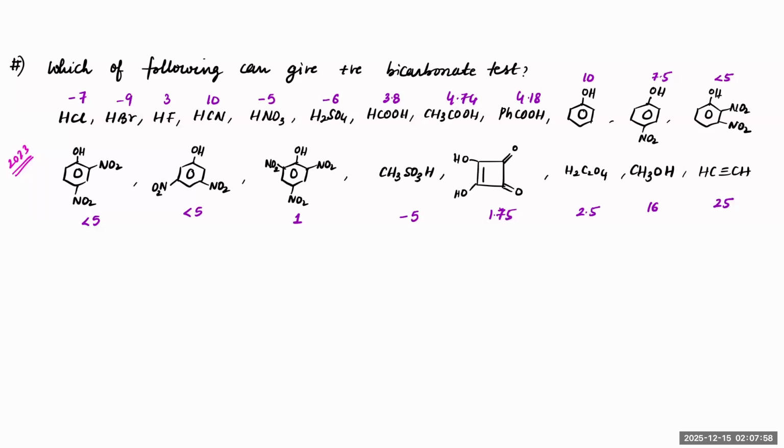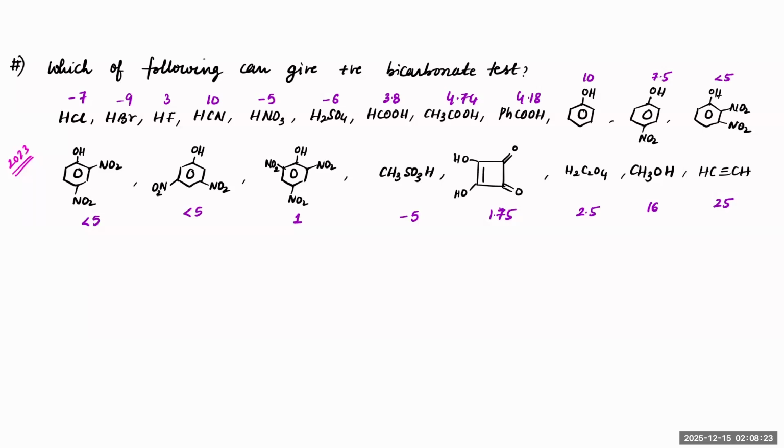So what I'm trying to tell you, everybody, remembering the range of different functional groups makes your life very easy to solve these questions. Got it? So please check it out. What is the range of various functional groups? Now, from here, it is pretty evident which of them will give positive test and which will give negative test.